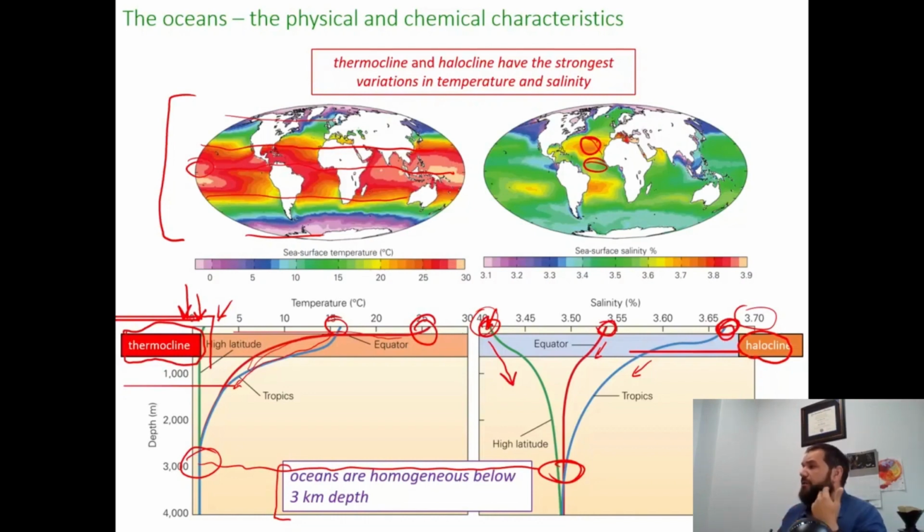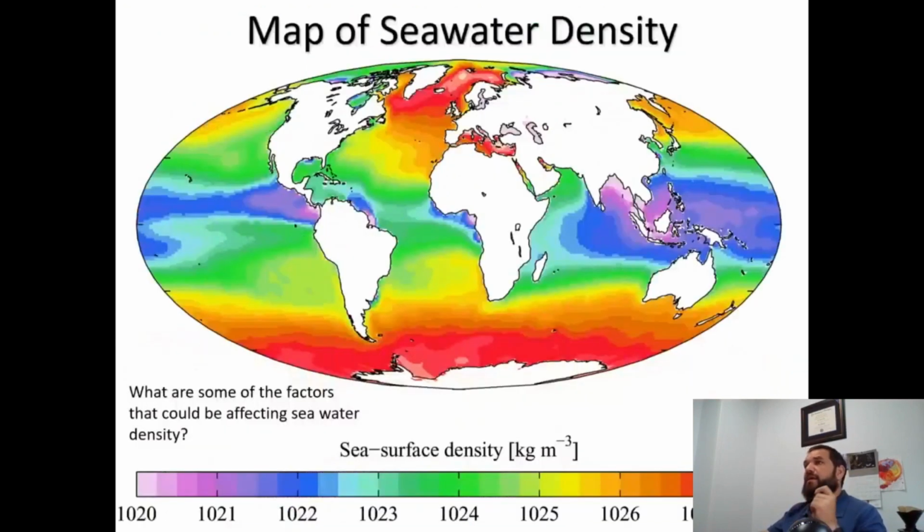All right, number 12 says, how does surface ocean water density vary with latitude? So that means we have to take a little look at the density map. Okay, so here's a map of seawater density. And what do you see?